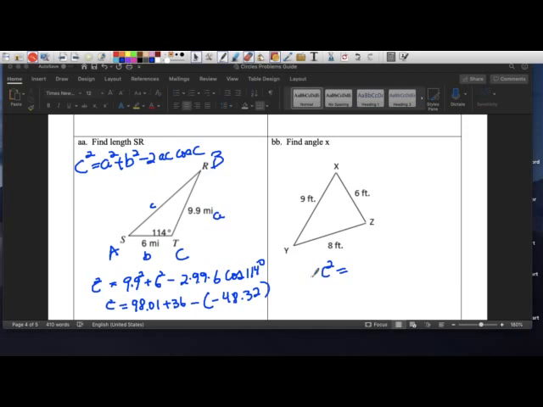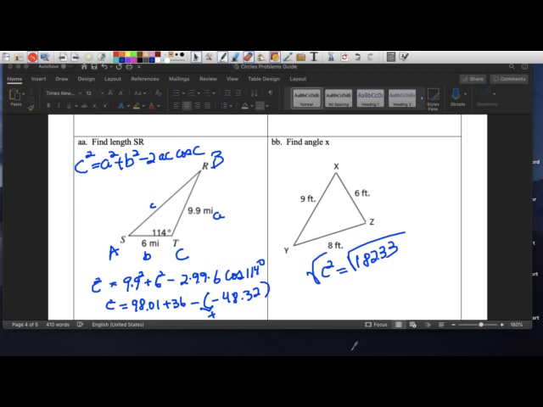Right, so now if you continue this, we have a negative and a negative. This is eventually going to give you a positive, right? So let's add all that. It's going to be 98.01 plus 36 plus 48.32 equals 182.33, which we now can take the square root of.